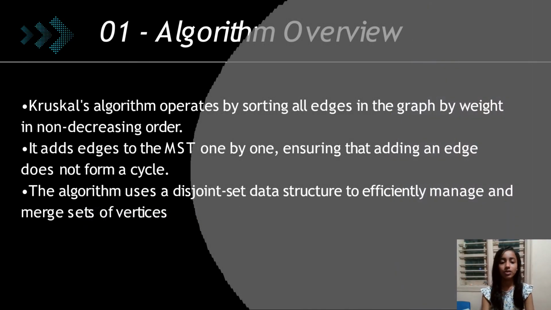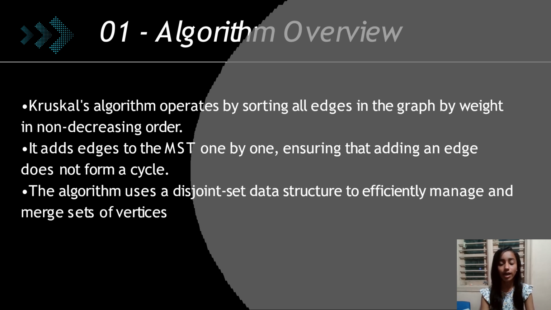Algorithms overview. Kruskal's algorithm builds a minimum spanning tree by first sorting all edges of the graph in non-decreasing order of their weights. It then adds edges to the minimum spanning tree one by one, ensuring no cycles are formed, which it checks using the disjoint set data structure.